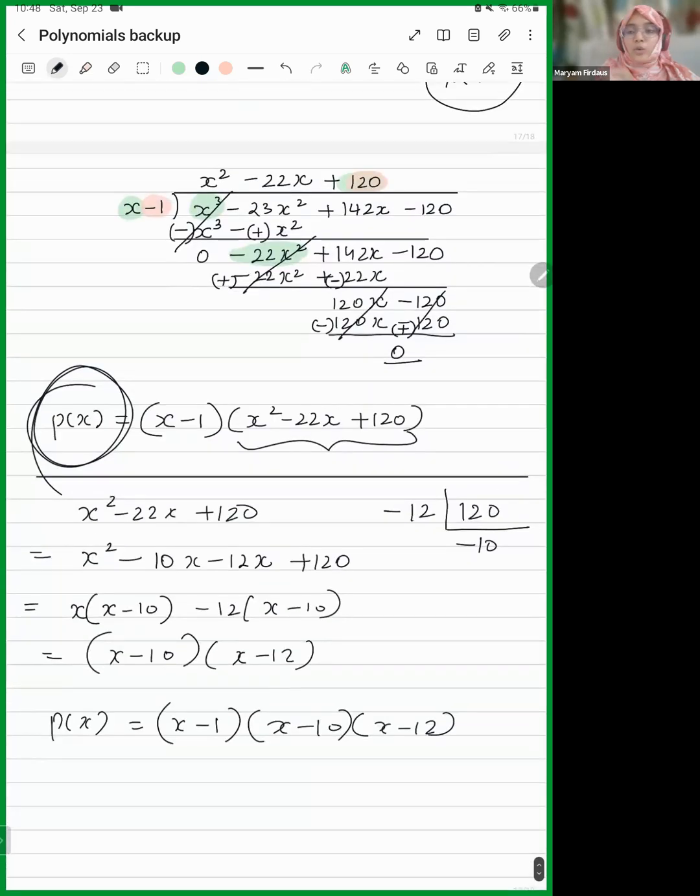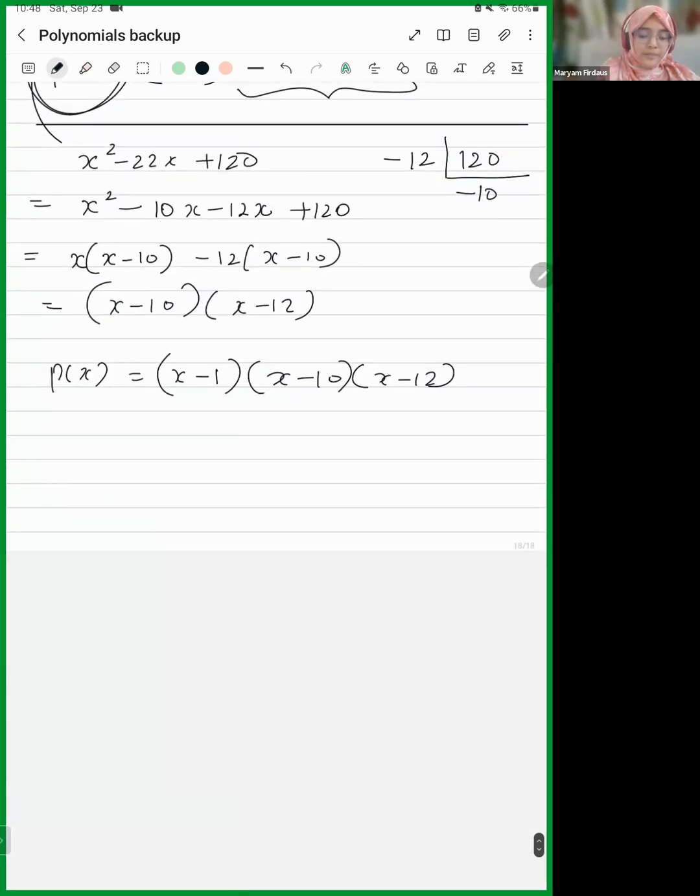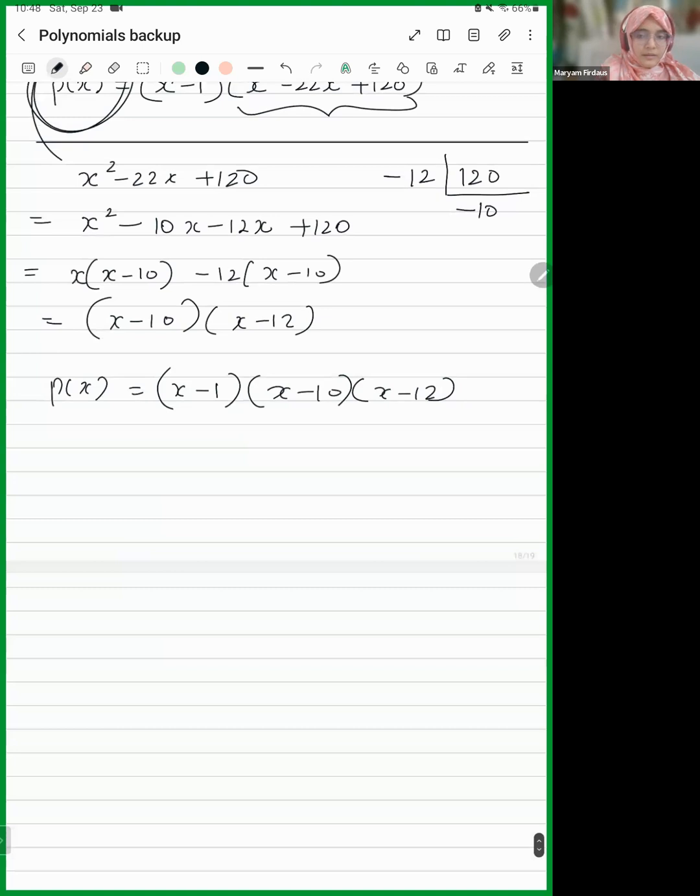So what are the three roots of this polynomial? x minus 1, x minus 10, x minus 12 are factors. The roots are 1, 10, and 12. So these are the roots of this polynomial.